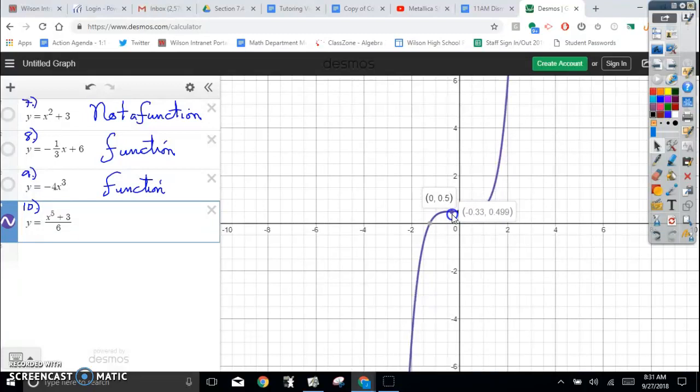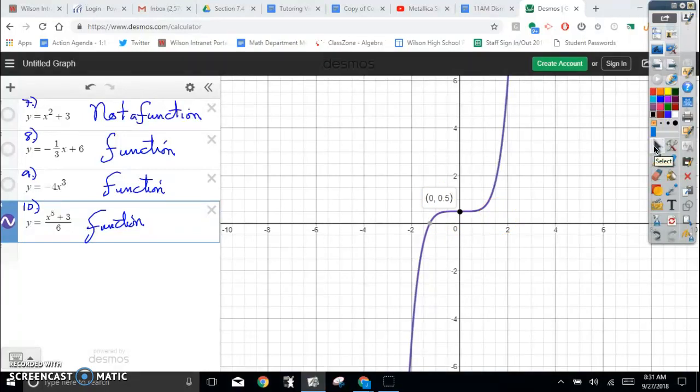Okay? Because remember, Desmos is rounding here. But that's pretty darn close. So I would have to say, yes, this is a function. It will pass the test. Because it's still getting larger, even though it's so slight, it's rounding it to 0.5. Okay? So that's pretty stinking close. It still passes the horizontal line test.